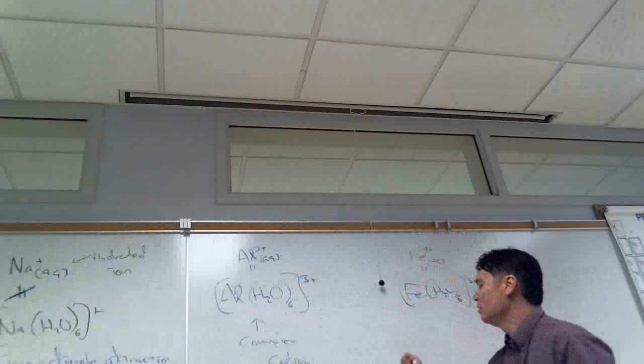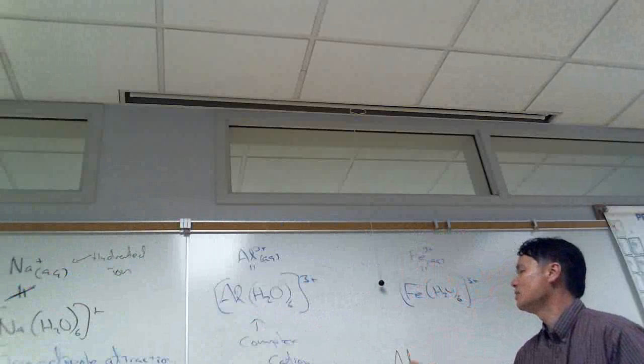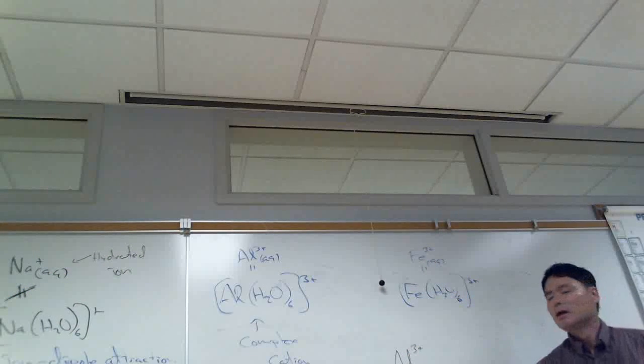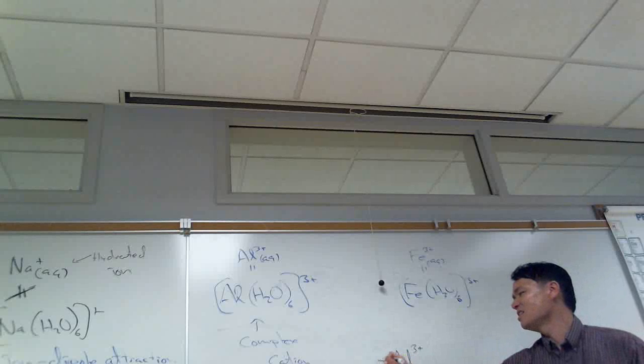Over here, this is quite a bit different. When we look at the interaction between aluminum 3 plus and water, it looks very different. In fact, aluminum 3 plus actually has a bond here.